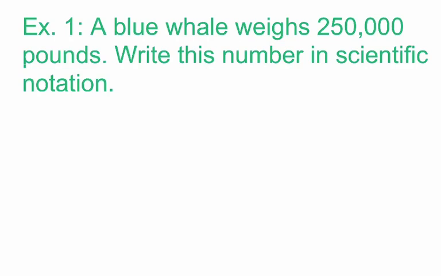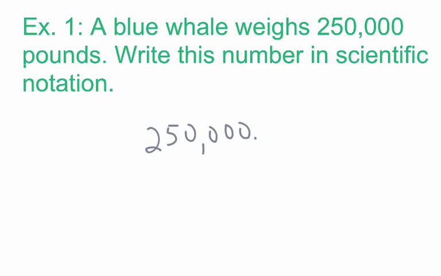So what we're going to do is take that number 250,000 and rewrite it. And we have to ask ourselves, right now in this number, where is our decimal place? 250,000, there is no decimal that's written, but the decimal is actually behind the last zero. But we need to ask, where do we want that decimal place to be?